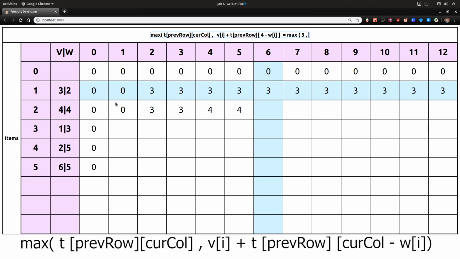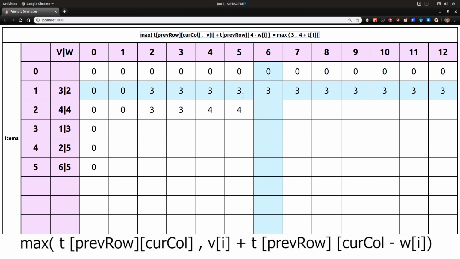By including the item, we add its value. Okay, 4 plus the maximum value that we have got by considering all the other items. So the previous row, that means we are considering all the other items other than the current item that we are looking at.